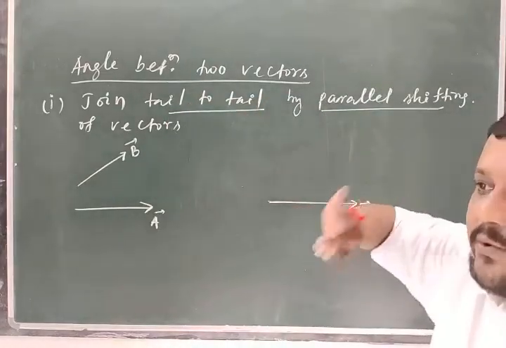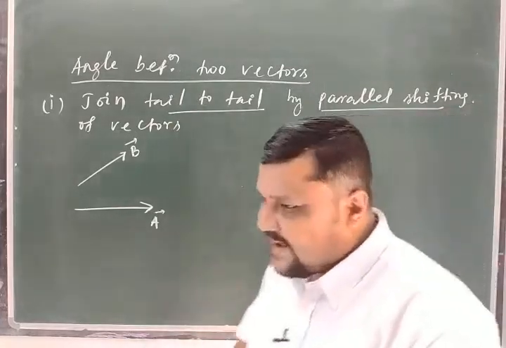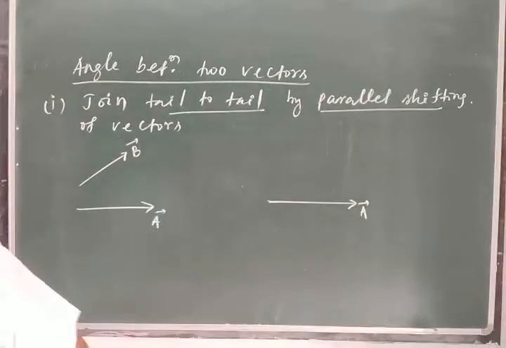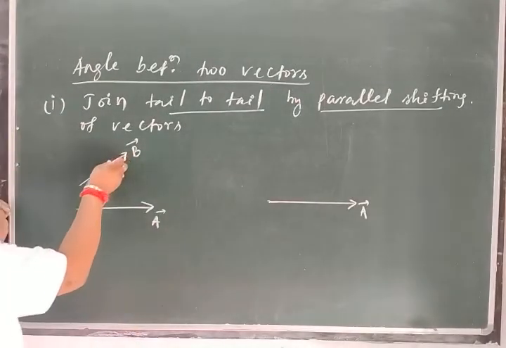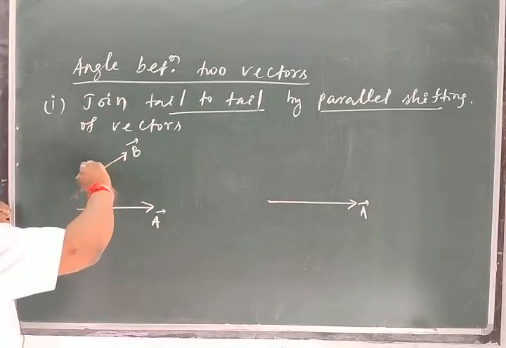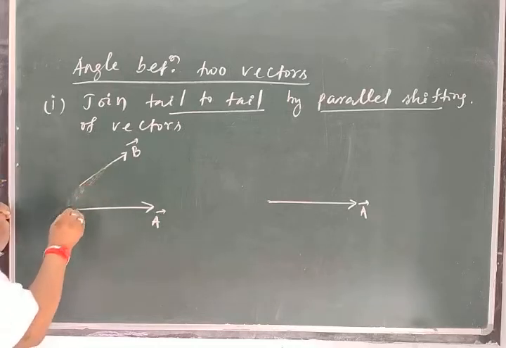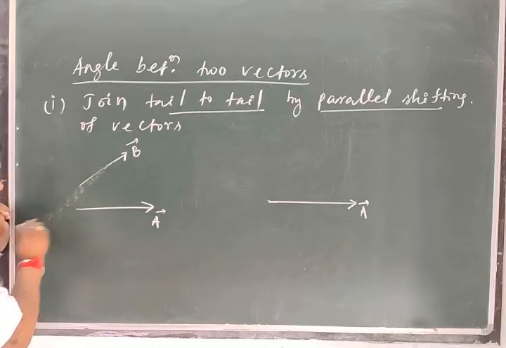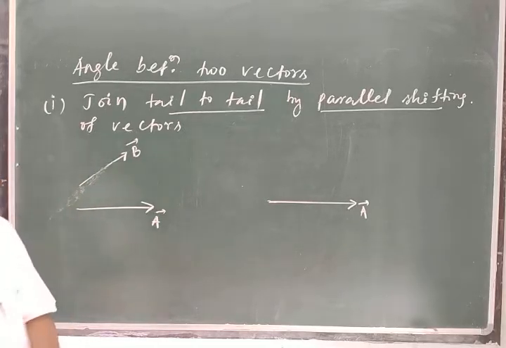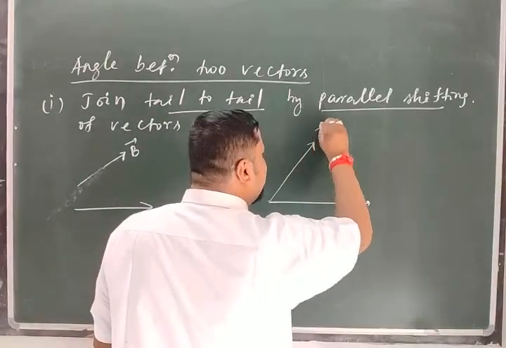I will take this vector B and shift it parallel like this, so that this tail and this tail join.